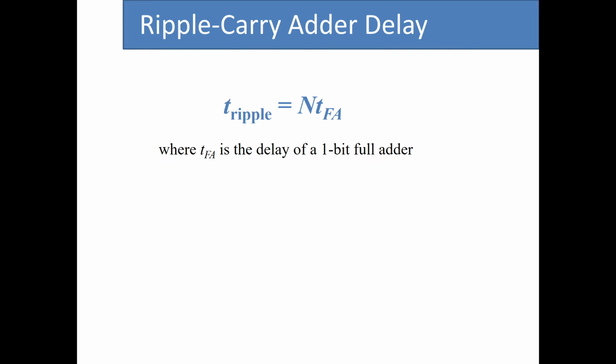So how slow can you say? The total amount of delay that we have for a ripple carry adder is n times the amount of delay that we have for a full adder, and n is the number of bits that you have for the adder.